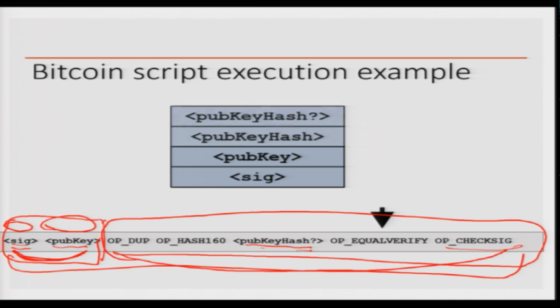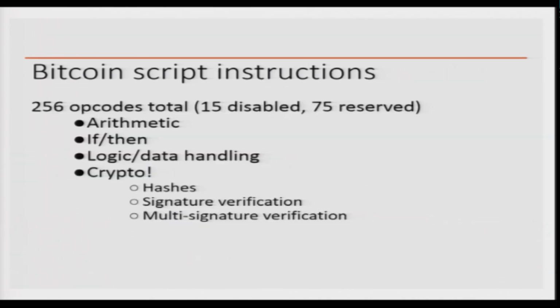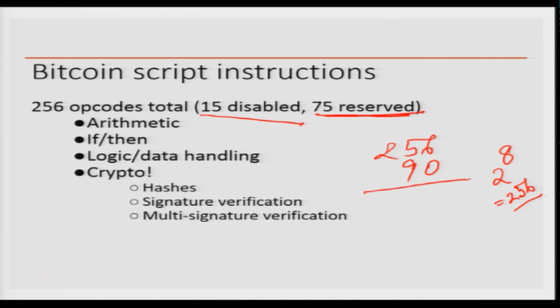It is completely stack based, and Bitcoin script instructions are 8 bits long, so there are 2 to the 8, that is 256, different possible opcodes. But right now there are 15 opcodes that are not used, they are disabled, and 75 are reserved, but those opcodes have not been given any functionality yet. So, out of 256 you subtract 90, and you have 166 possible opcodes.